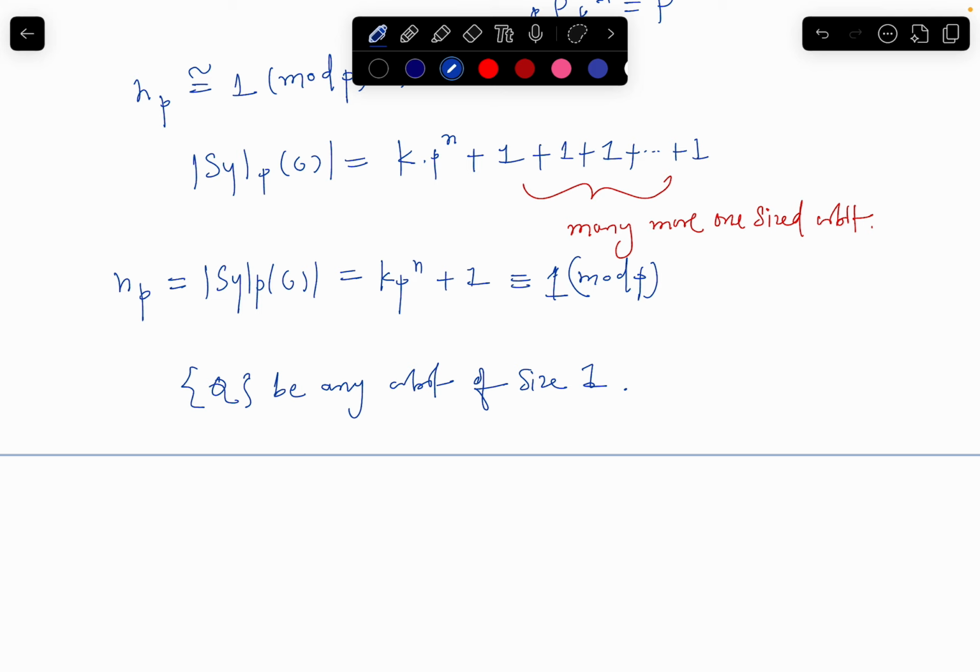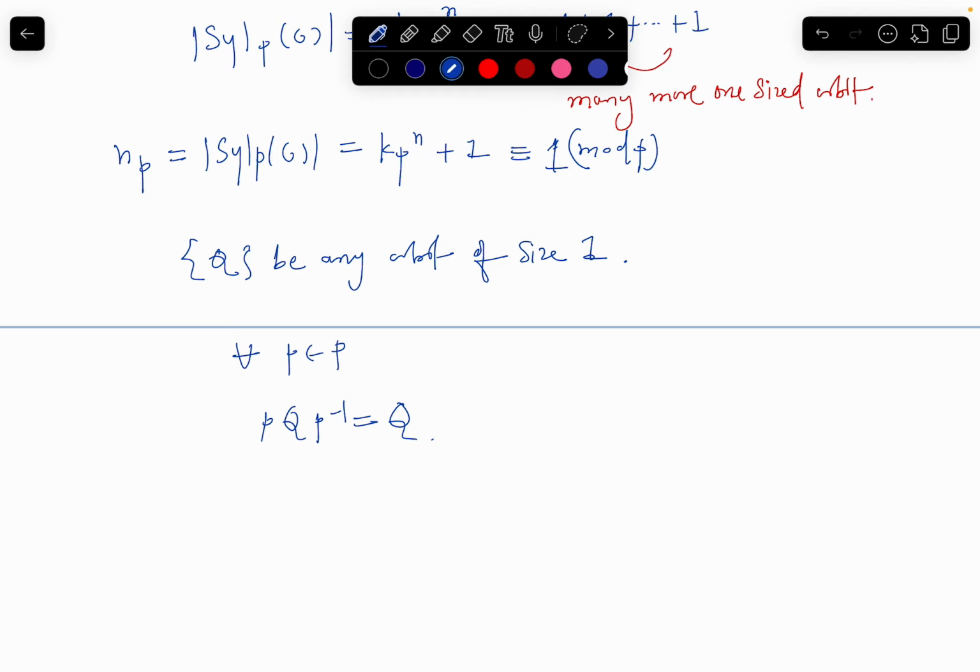That means that for any element p of P, we have pQp inverse is Q. So what does that mean? That means this p belongs to the normalizer of Q in G. Okay, so I think this is a wrong notation. Normalizer of Q in G.